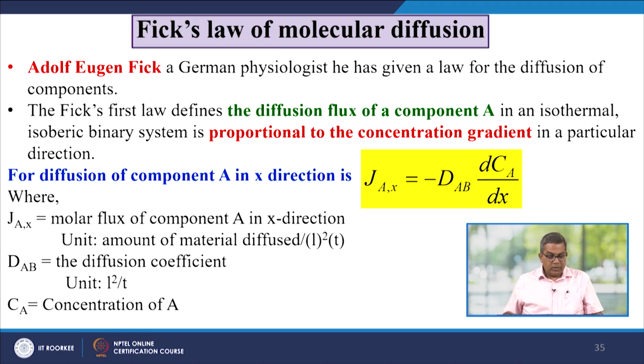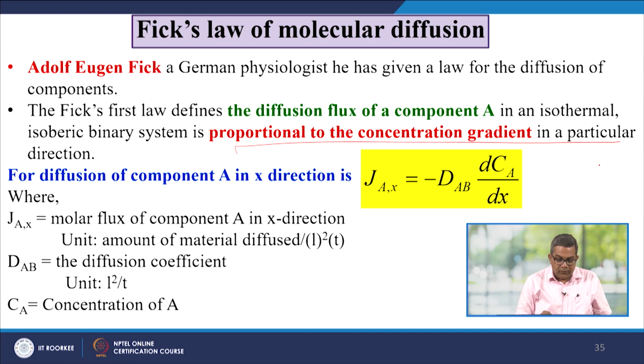Now let's talk about Fick's law of molecular diffusion. Adolf Eugen Fick, a German physiologist, gave a law for the diffusion of a component. Fick's first law defines the diffusion flux of a component A in an isothermal, isobaric binary system as proportional to the concentration gradient in a particular direction.